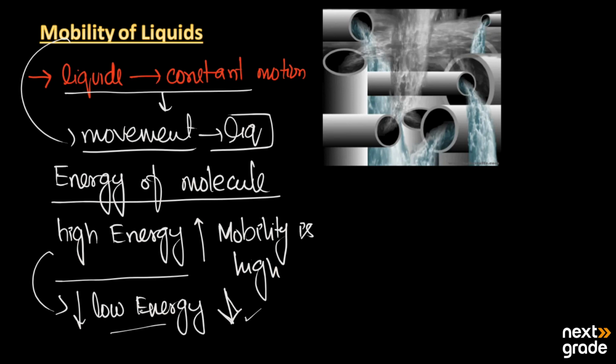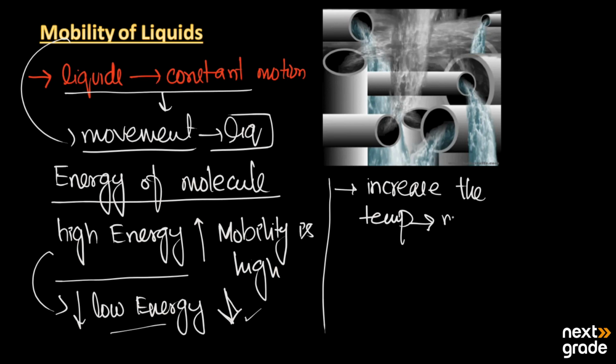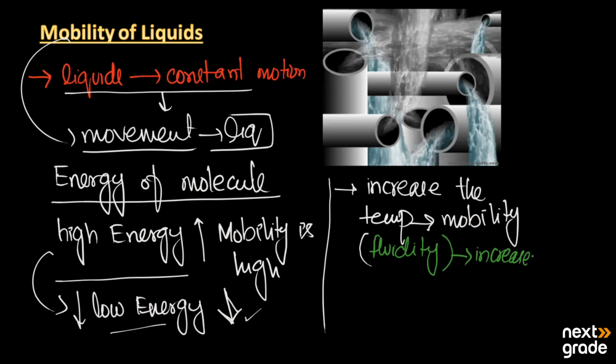For example, when we increase the temperature, then the mobility, or we can say the second name we use for this is fluidity, of the liquids is going to increase. And what is the reason behind this?